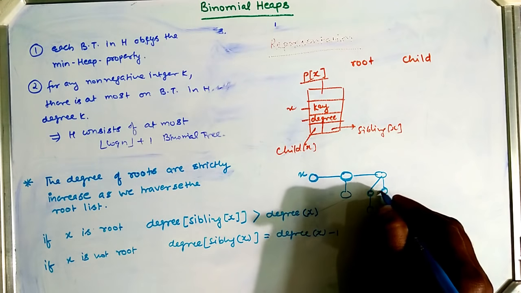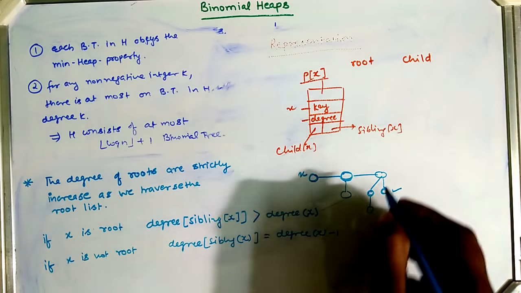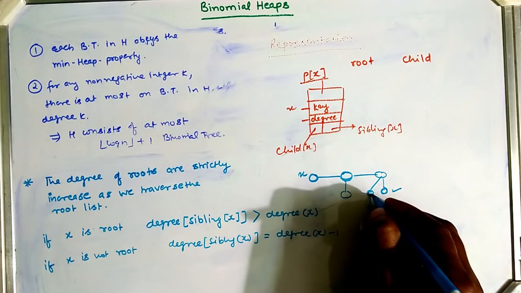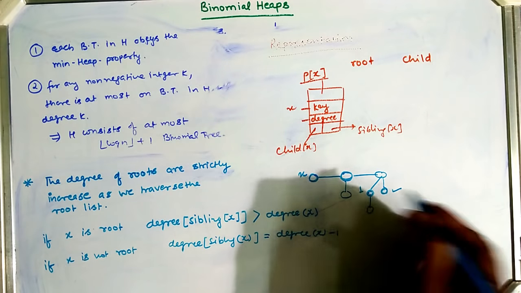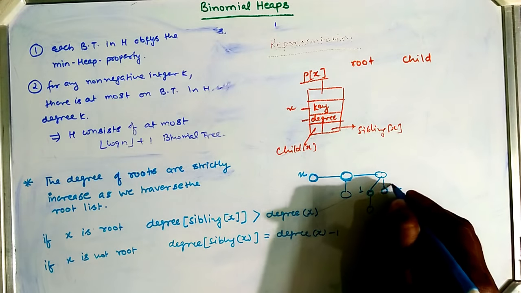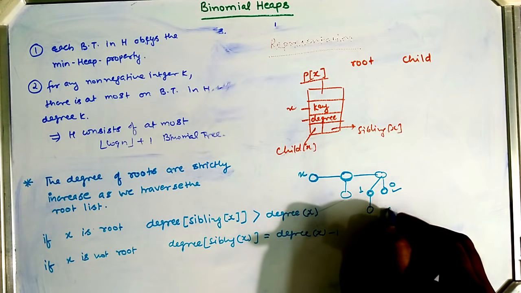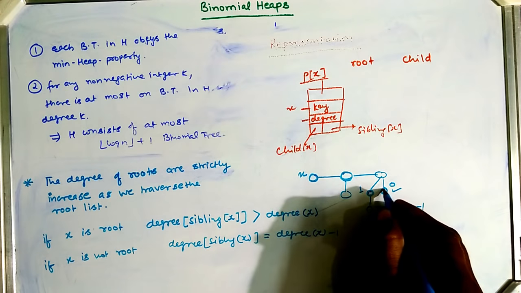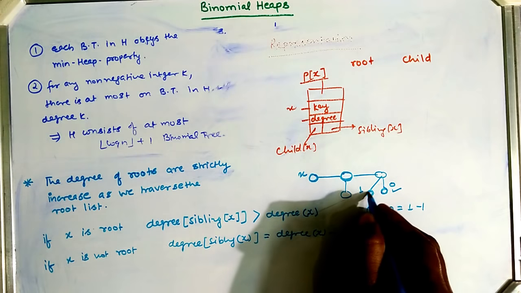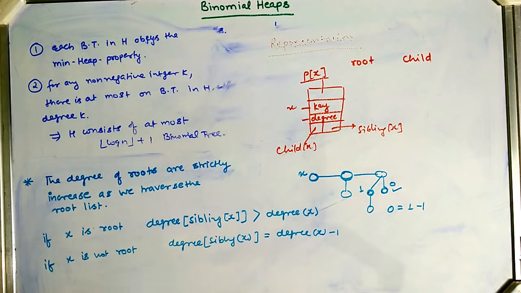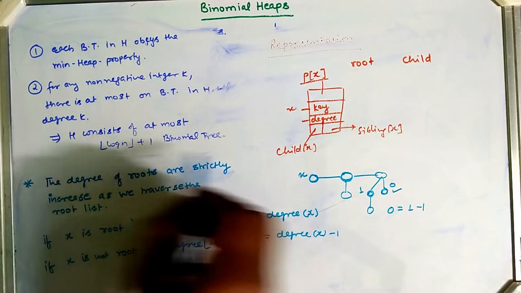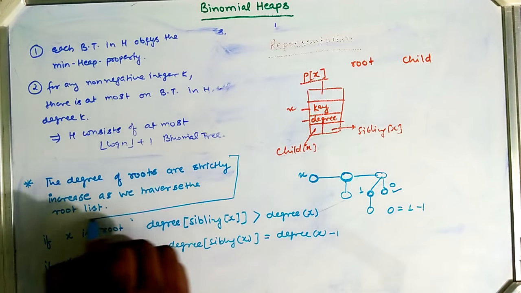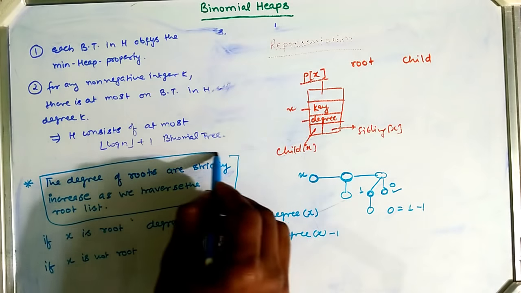The degree of the sibling of x is the degree of this node. The degree of x is 1 and the degree of the sibling is 0, so 0 is equal to 1 minus 1. So the degree of the sibling of x is the degree of x minus 1 if it is not a root. This is a very important property in the case of binomial heaps.